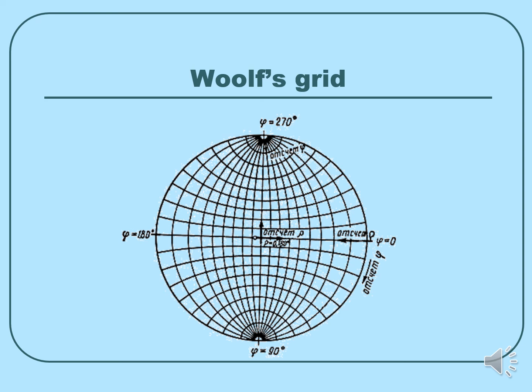The grid is drawn on a disk with a diameter of 20 cm. The lines of parallels and meridians are drawn at 2 degrees. The distance between them is divided further into four parts. Therefore, the accuracy is 0.5 degrees.